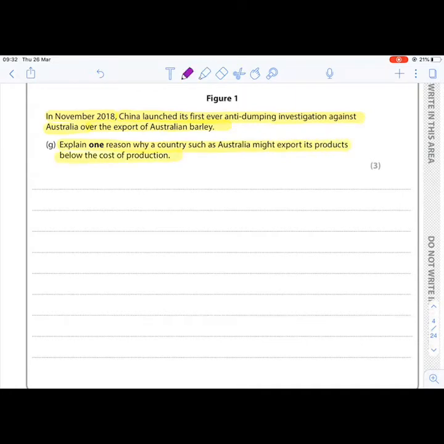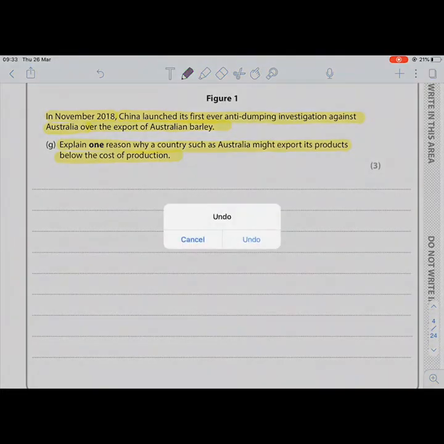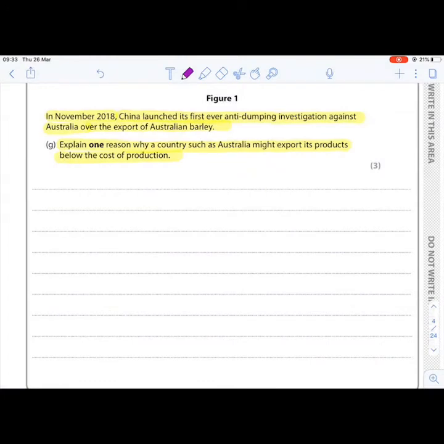So let's just remind ourselves what dumping is. Dumping is when a country, and in this case Australia, exports a product such as barley to other countries such as China at a cost lower than the production cost. Okay, so we've got to think about why they might do this.